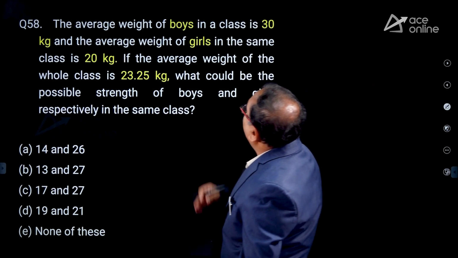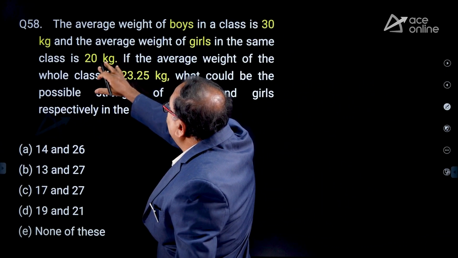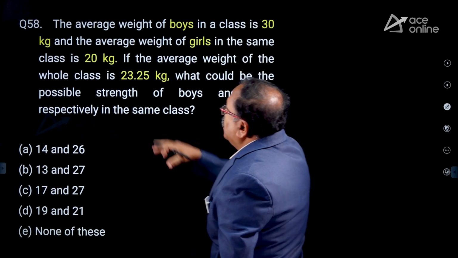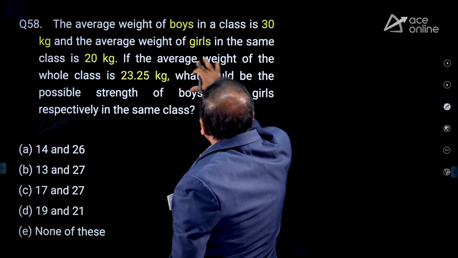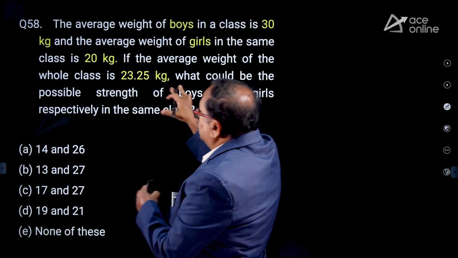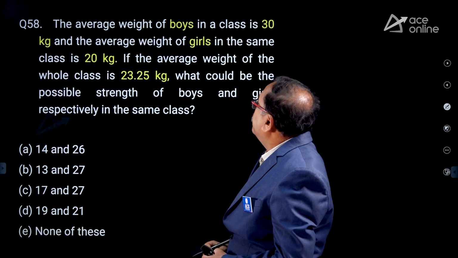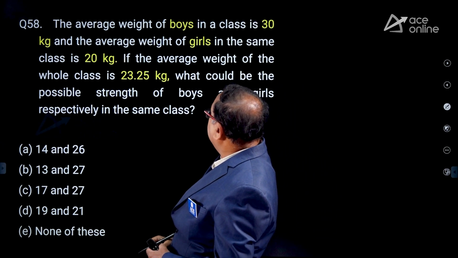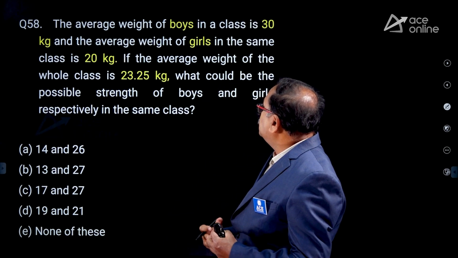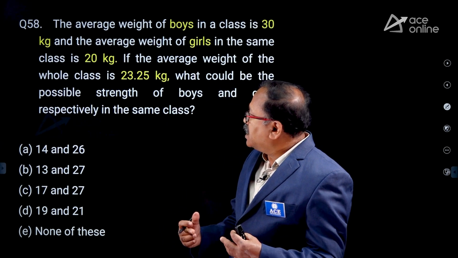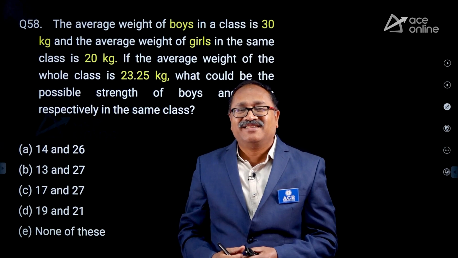The average weight of boys in the class is 30 kg and the average weight of girls in the same class is 20 kg. If the average weight of the whole class is 23.25 kg, what could be the possible strength of the boys and girls respectively in the same class? Possible strength.